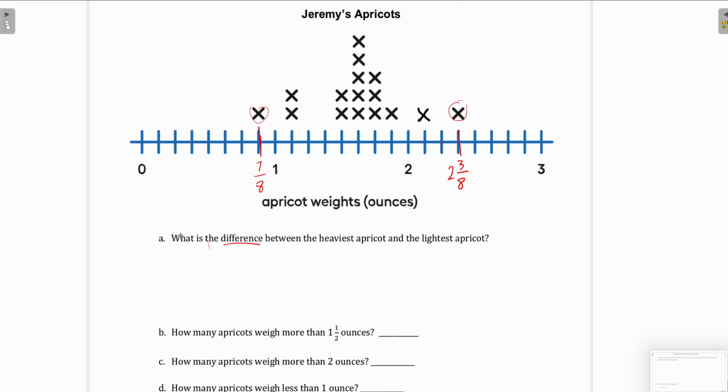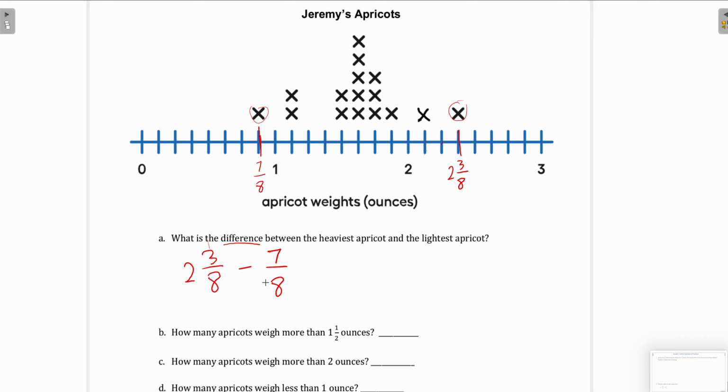Okay. So we're going to do 2 and 3/8 minus 7/8. Notice how we already have the same denominator, so we don't have to do any equivalent fractions or anything of the sort.